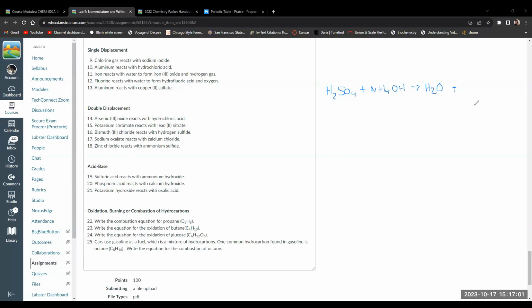So our salt is actually comprised of a positively charged and a negative charge. Our salt is going to be comprised of our ammonium and our sulfate.